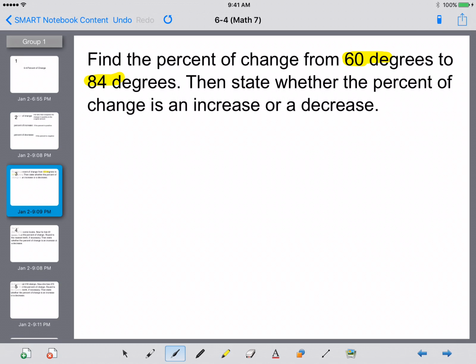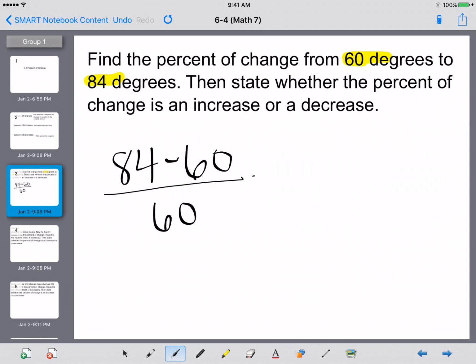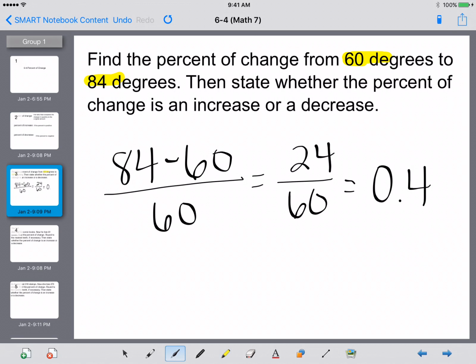So you always take your new amount, which is 84, minus your original amount, over your original amount. 84 minus 60 is 24, and that's still over 60. 24 divided by 60 is 0.4. To turn that decimal into a percent, we move it over 2 decimal places and get 40%.